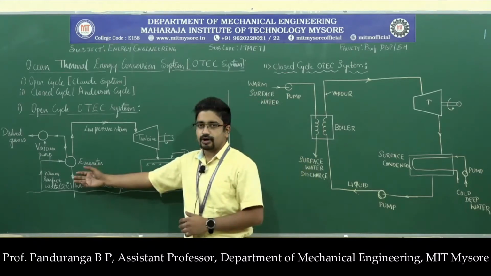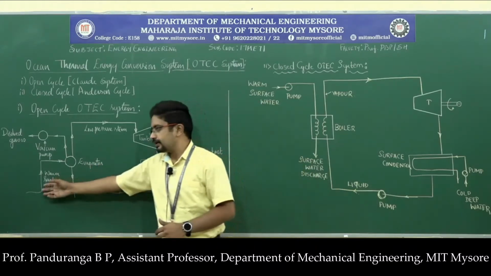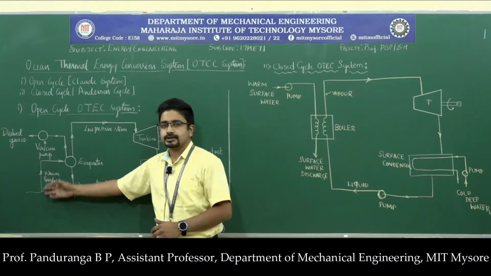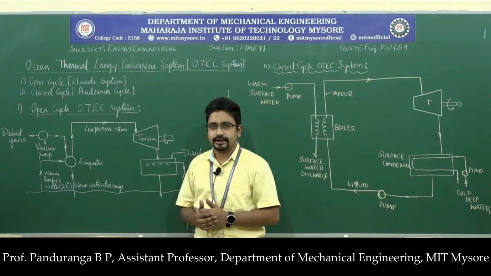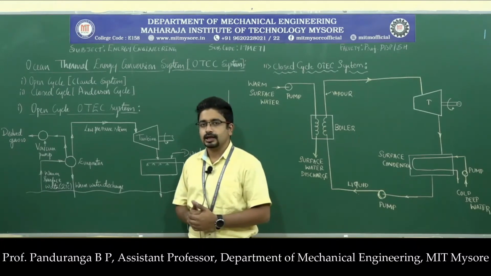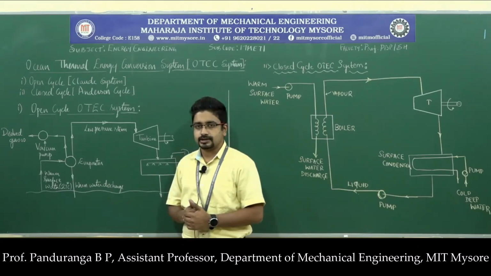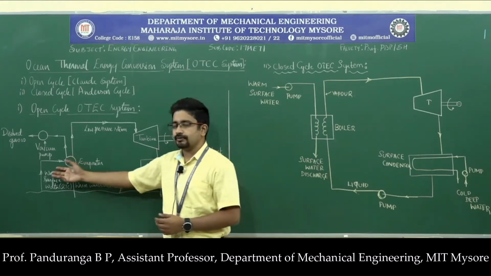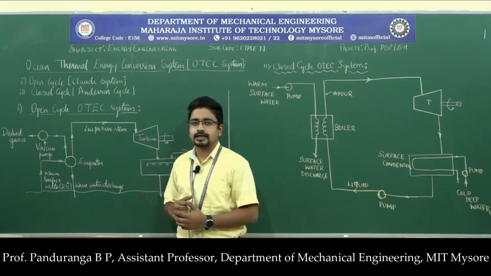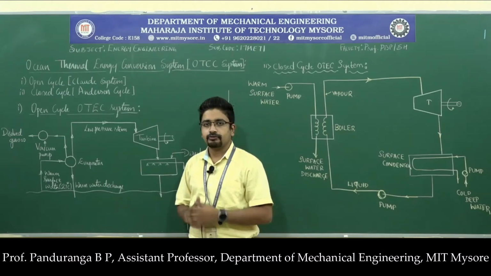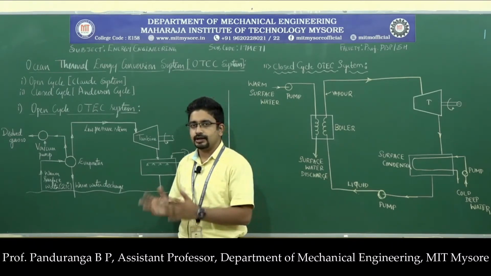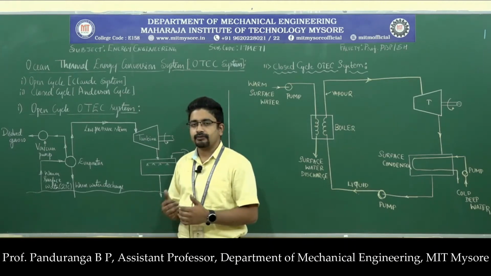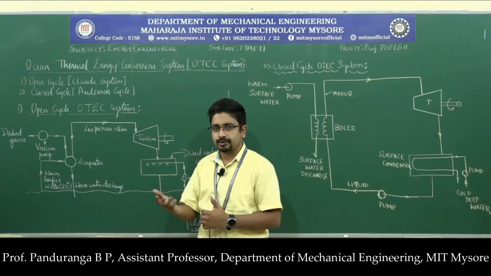First we pump surface warm water, which is around 25 to 27 degrees Celsius depending on the time of the day and the season. The warm surface water enters the flash evaporator where we drastically reduce the pressure of the water, thereby converting a part of the water into vapor.